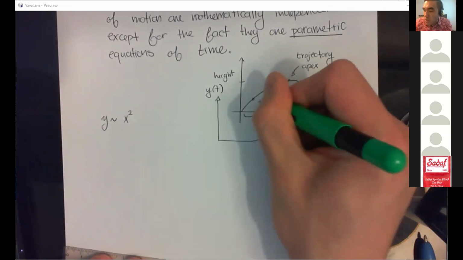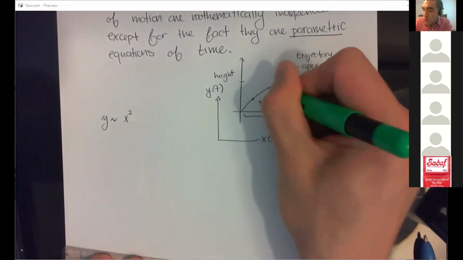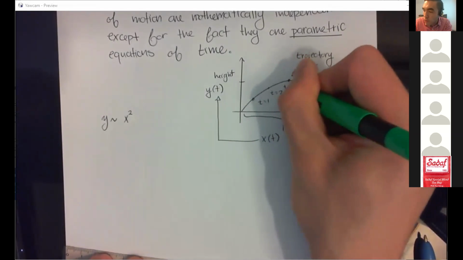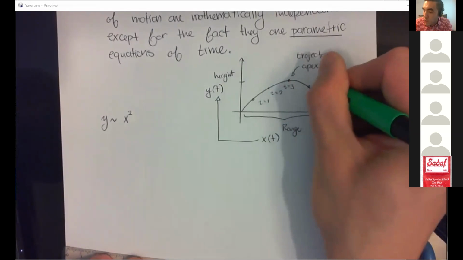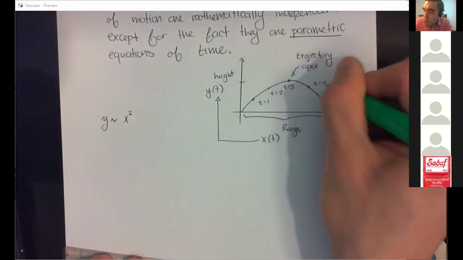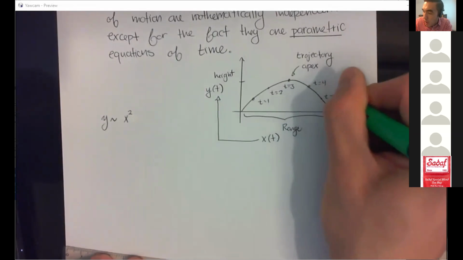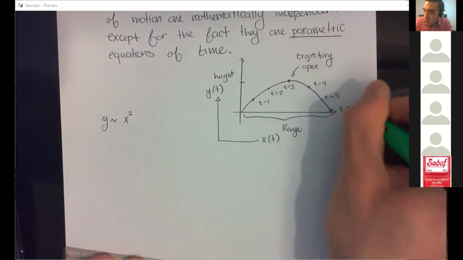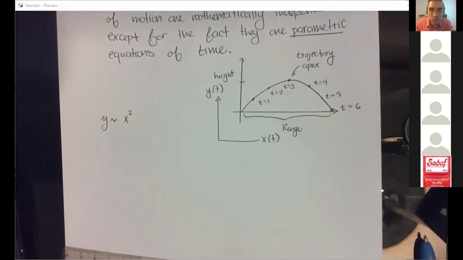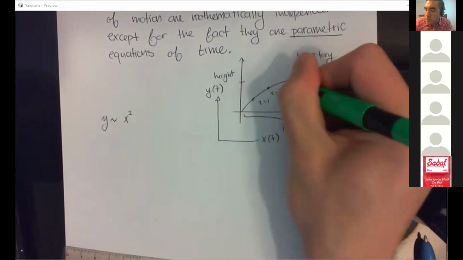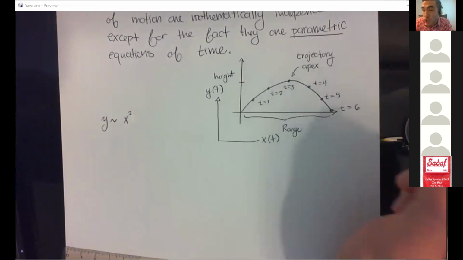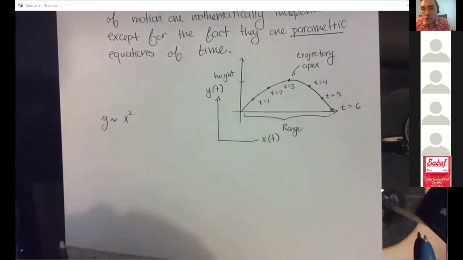So we could say that this is where we're at time 1, this is where we're at time 2, we hit the apex at time 3, over here we start falling at some time 4, some time 5, we're closer to the ground, and then we impact the ground at time equal to time 6. That is all that parametrics means, that on top of each one of these points having an x and a y position, they also have a time coordinate.